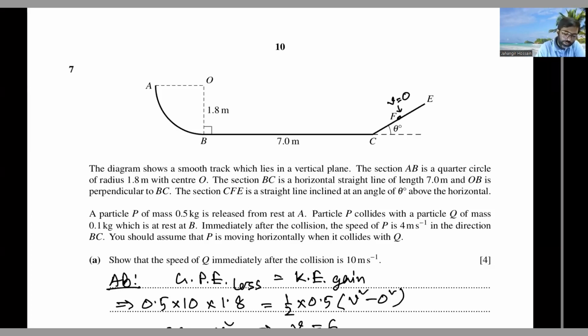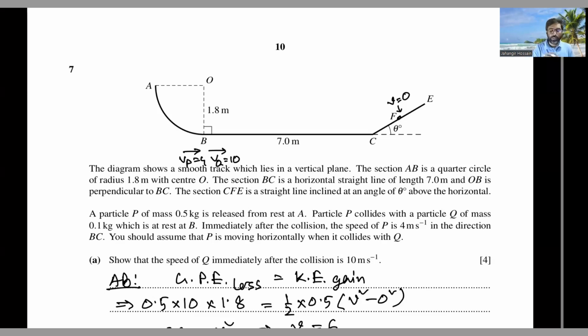At the instant P and Q collide, after collision P moves with speed 4 meters per second. VP is 4 and VQ is 10. From this moment, Q goes to C, then hits R and moves together as a combined particle to F, then returns back.